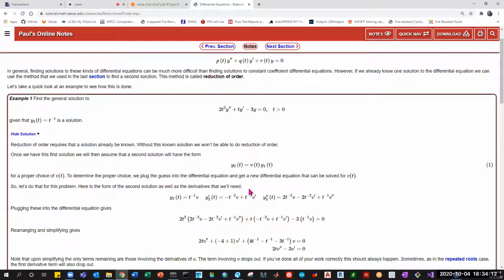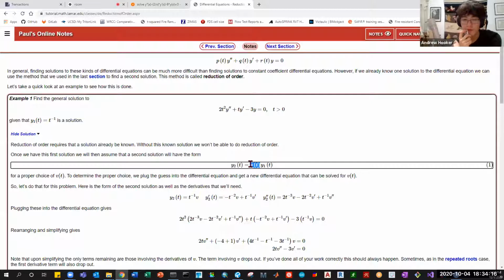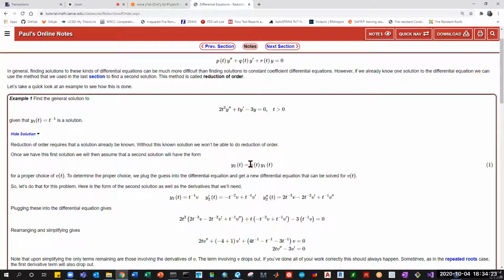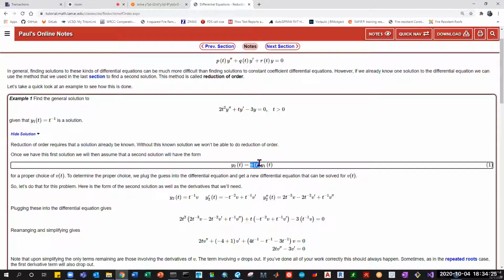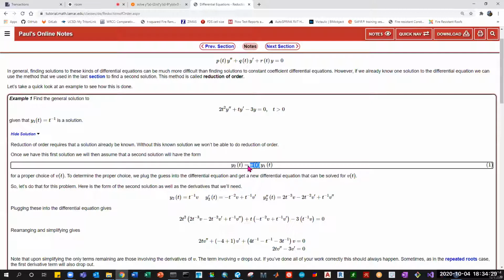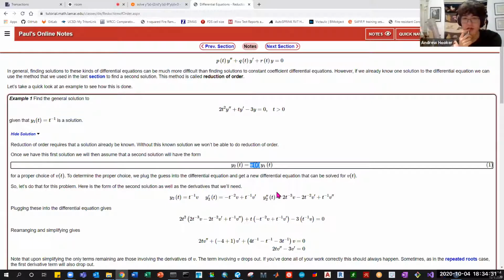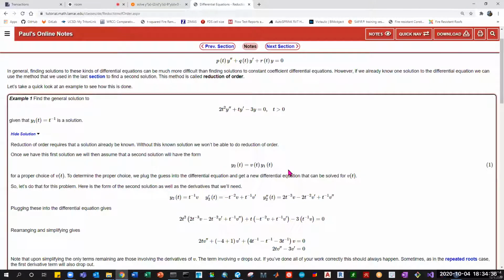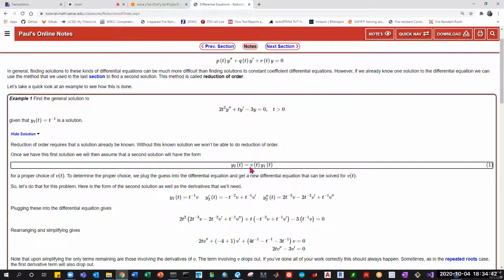So if they're a function of t, you assume that the second solution also has a variable coefficient, a coefficient with a variable in it, not a constant. That's why you assume it, because that's what you're trying to solve. You're assuming this one is given, so you assume the second is a function of that one.